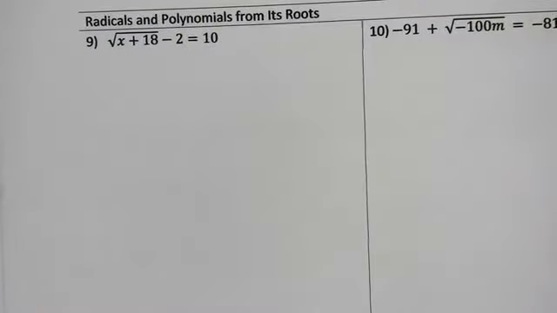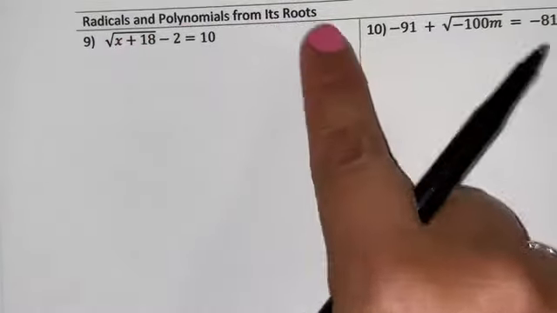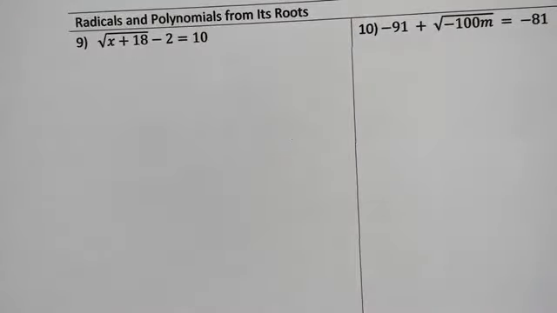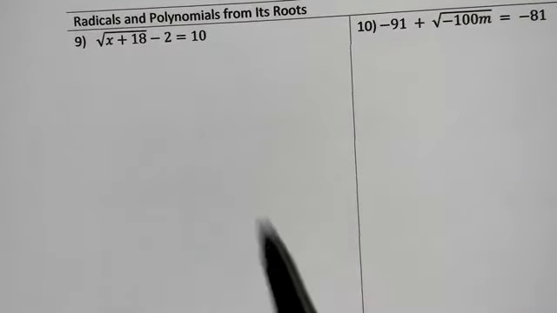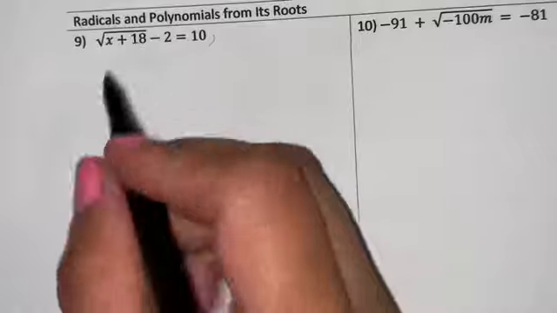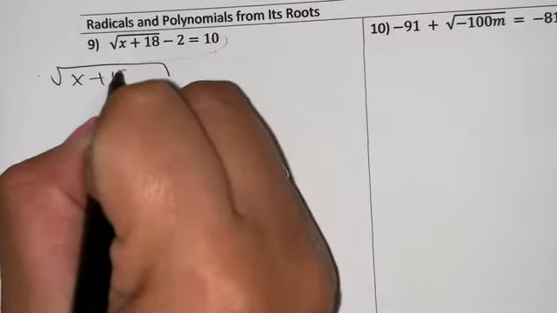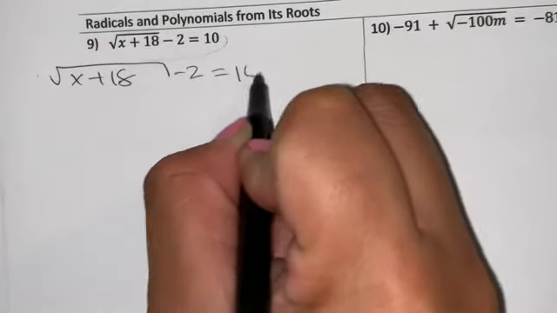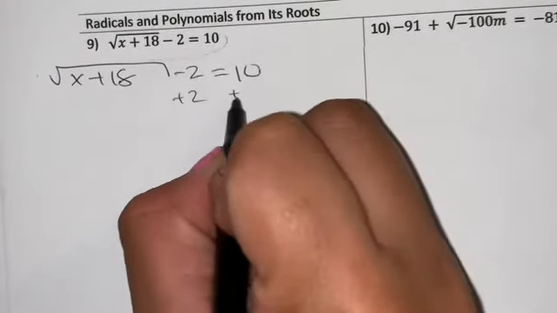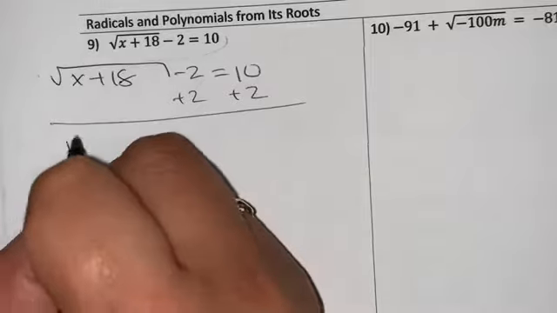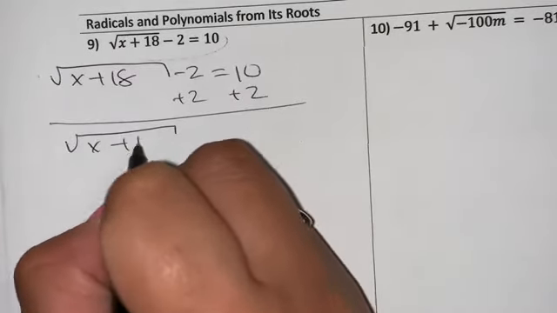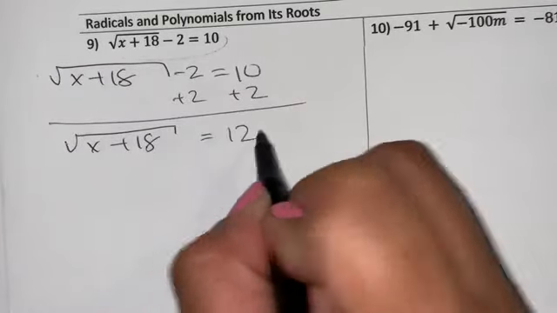Okay, we have number 9. This is radicals and polynomials first root. So we have two different types of questions in this section. So right here, we're going to solve for x. So I have the square root of x plus 18 minus 2 equals 10, plus 2 plus 2. The square root of x plus 18 equals 12.